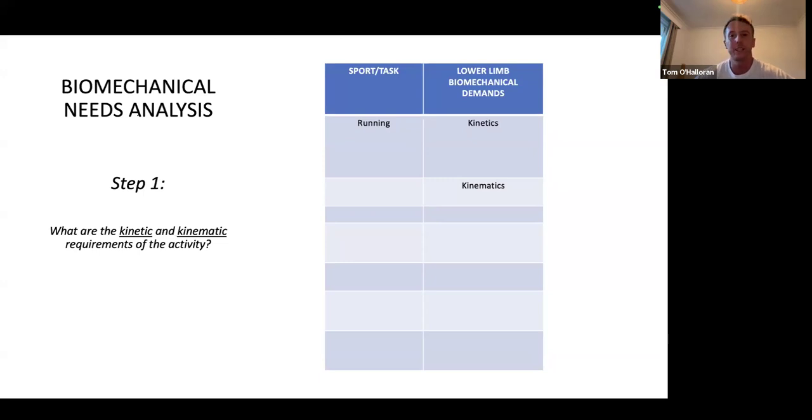I'm always still thinking the lower limb demands are mainly running, though there's jumping and hopping and landing, changing direction. But I need to understand the kinetic and kinematic requirements of running to understand what tests to put that lower limb through. So I'll talk through the biomechanical demands of running.